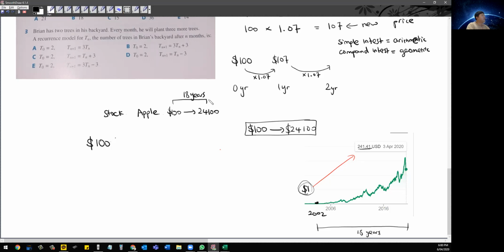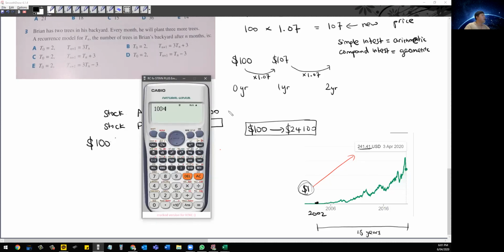Let's say there is a stock, pear or pineapple, whatever, and let's suppose that's $100 also. You invest $100, but this one is going to increase by 7% every year. Let's see if that's better than the Apple share.